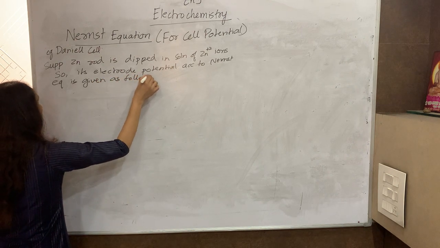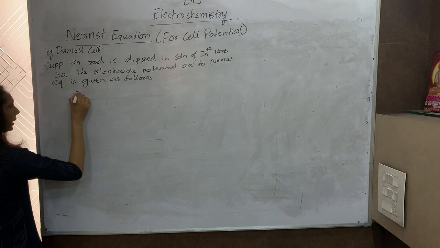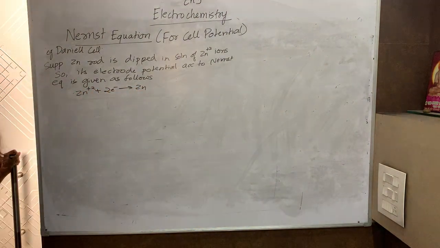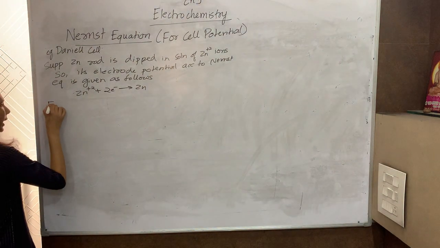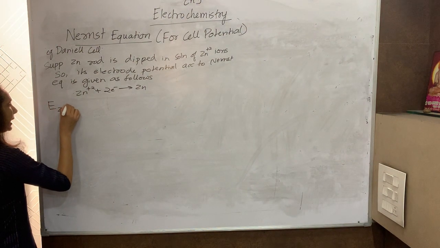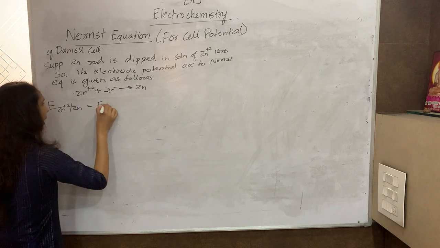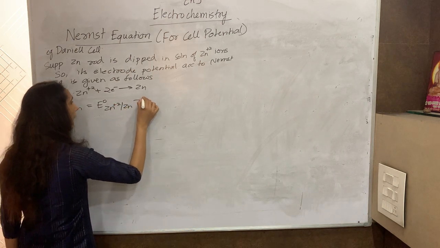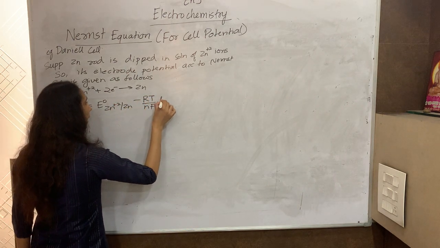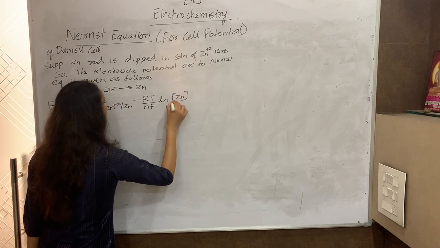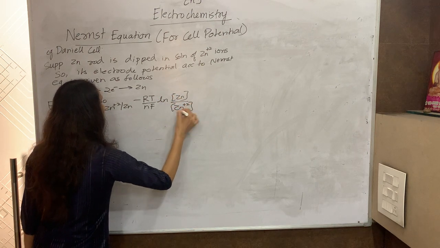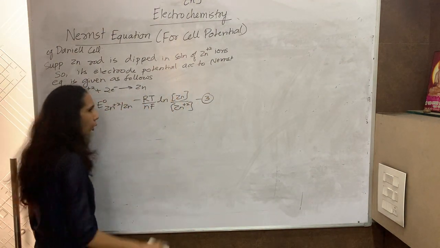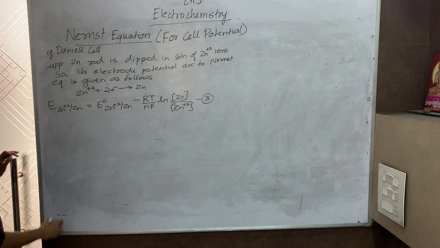I am writing the Nernst equation for zinc rod. We know that the reaction will be, because we are writing the electrode potential, it is this. So what will be the electrode potential according to the Nernst equation? E Zn plus 2 Zn is equal to E naught Zn plus 2 Zn minus RT upon NF ln Zn upon Zn plus 2. That is the Nernst equation. I mark it as equation 3. 1 and 2 we had already marked earlier. This is 3.